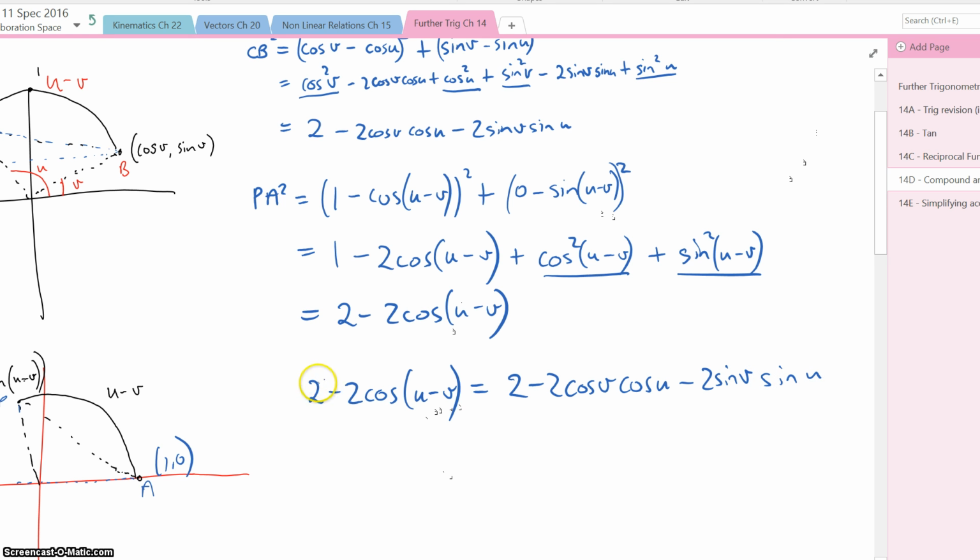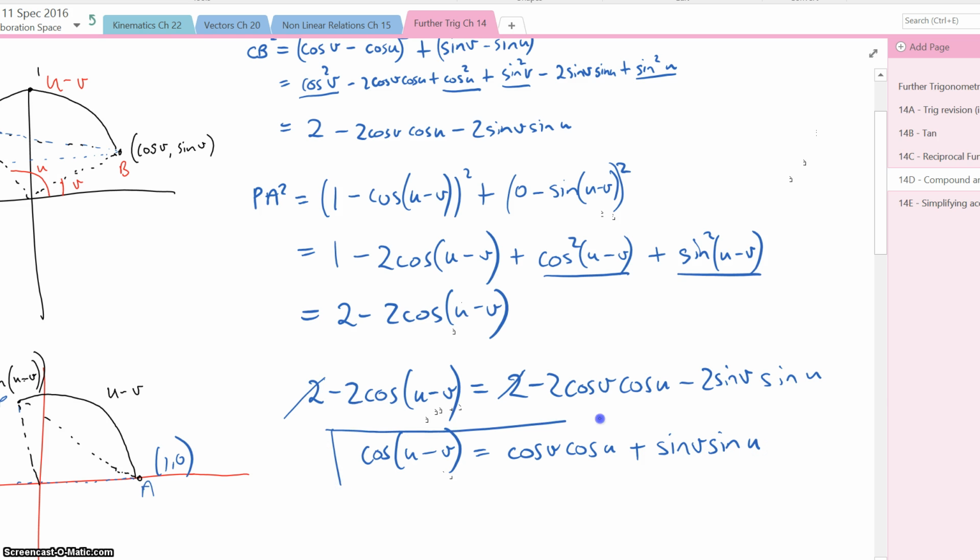What do I notice? These two cancel, just minus 2 on both sides. And now I'm going to divide everything by negative 2. And I get cos(u minus v) equals cos v cos u plus, because I divided by negative 2, sin v sin u.